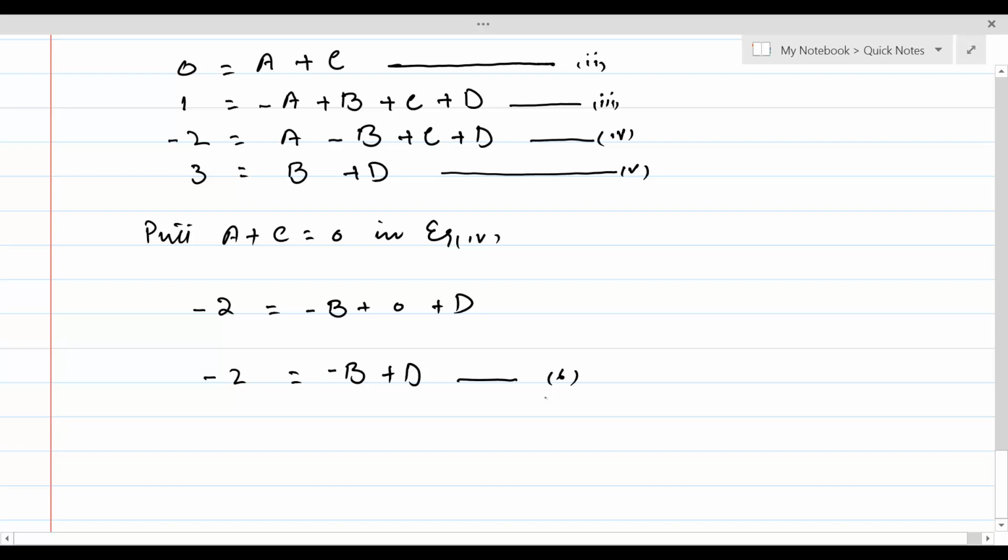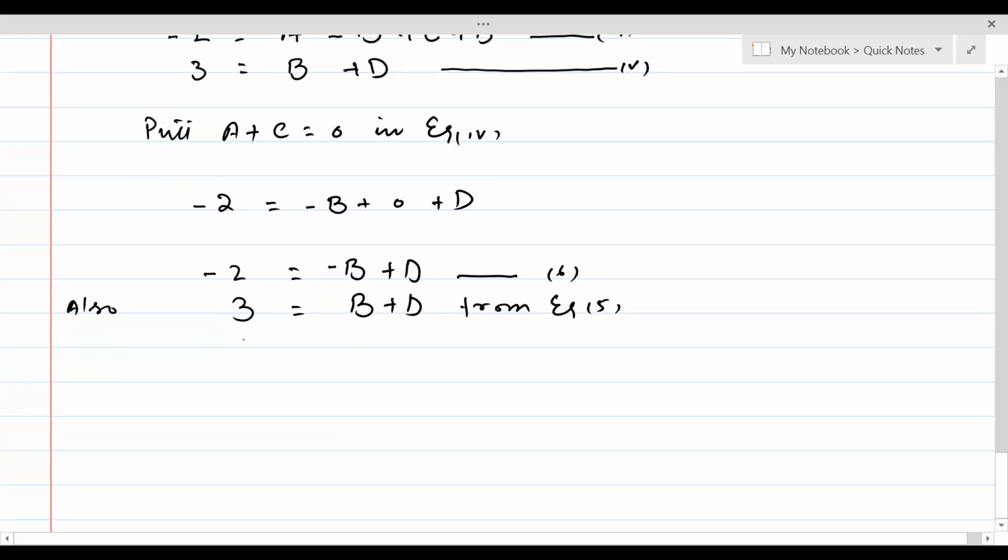And also we have from 5 that b plus d is equal to 3. So when we add this, we get 3 minus 2 is 1, and b will get cancelled with minus b, equal to 2d, and d is equal to 1 by 2.